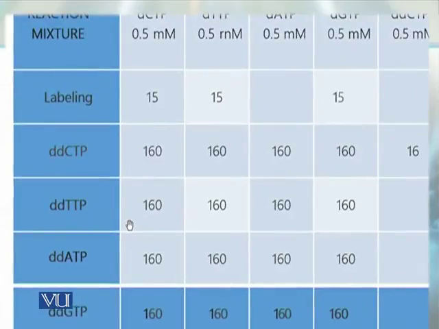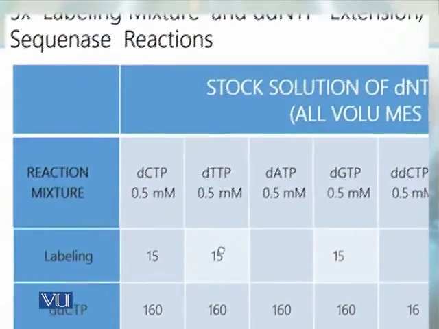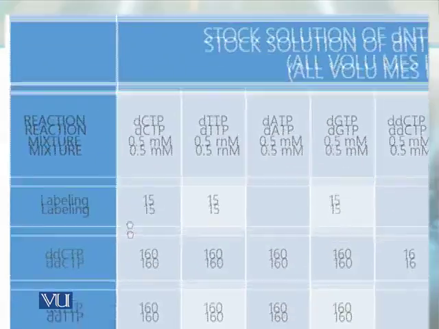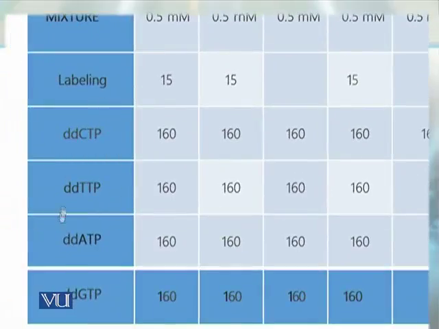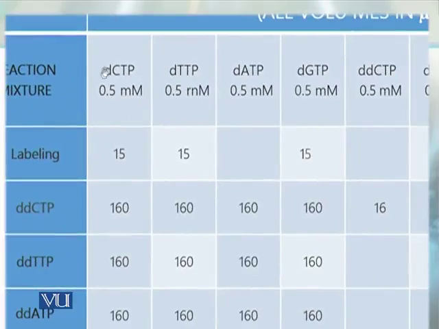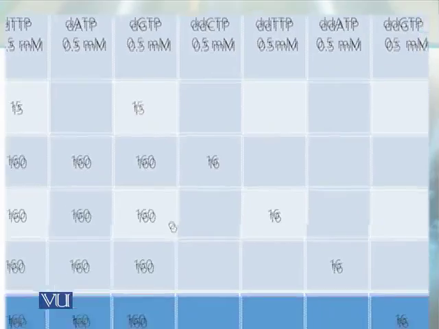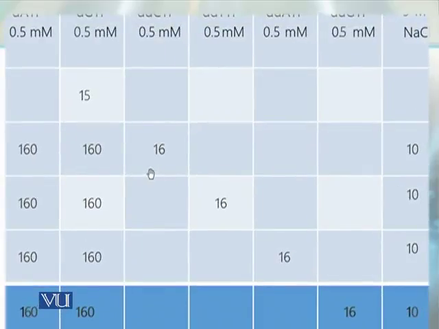That table contains the volume composition for 5x labeling buffer that is required for sequenase reactions. This side shows us the dideoxynucleotides. This one shows us the required dNTPs, and then one of each dideoxy.